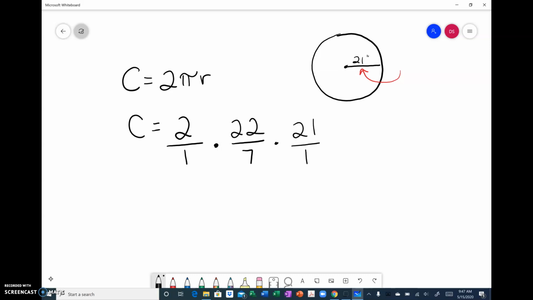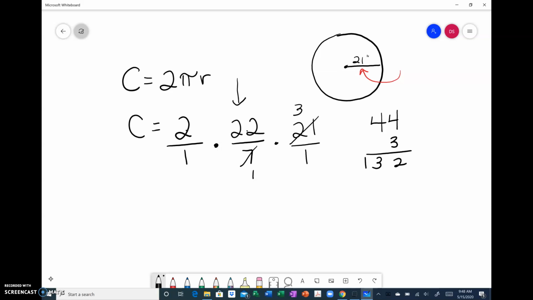Okay, now the reason that I'm using this fraction instead of 3.14 is because I can cross reduce. Okay, 7 goes into itself once and into 21 3 times. And then I just have 2 times 22 times 3. I can use a calculator. It's actually not necessary because I can just real quick work out that this is 132.